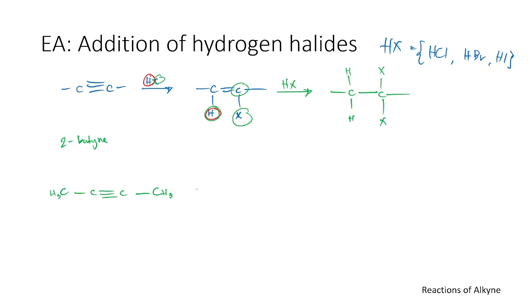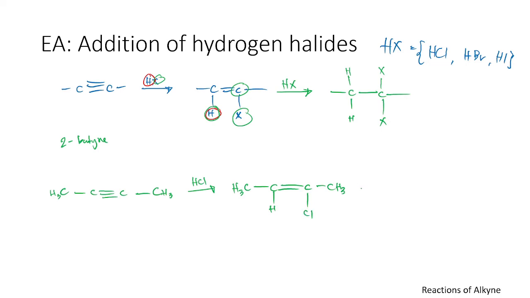Then we introduce it to HCl first. Since it is symmetric, we can just draw it on either side. We will have our H3C and our carbon with a double bond, then our CH3, and then we will have our hydrogen and our chlorine.